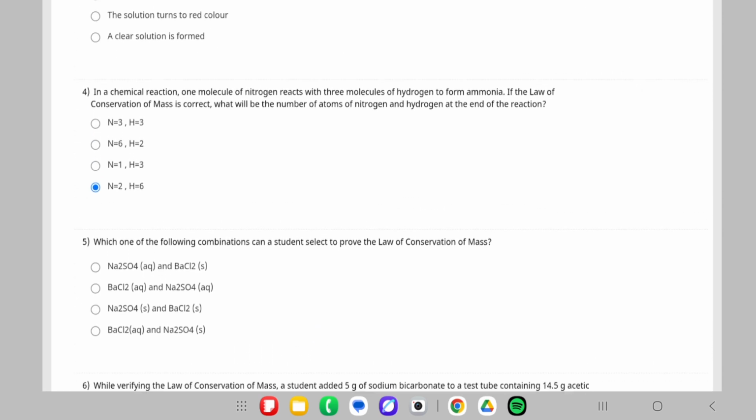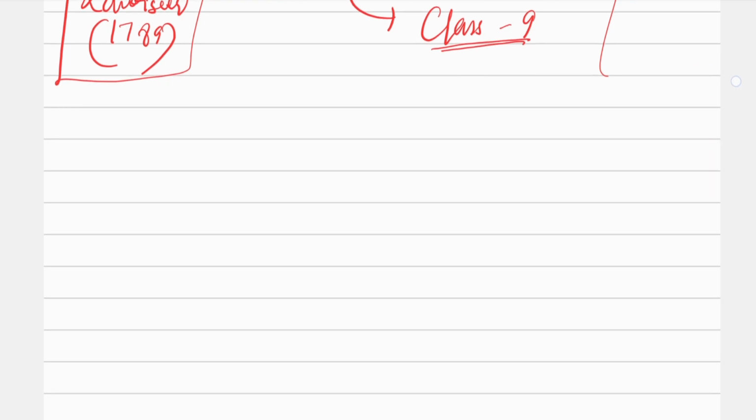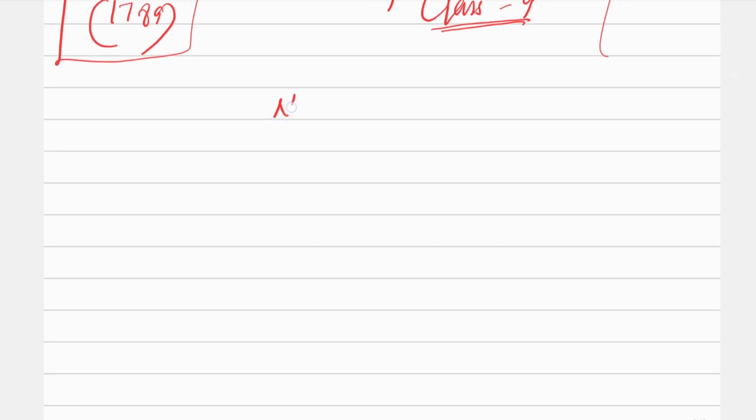In question number 4, let's go back and understand this particular question. It was when one molecule of nitrogen reacts with 3 molecules of hydrogen, it will give two ammonia molecules.